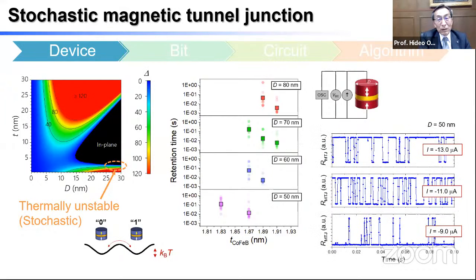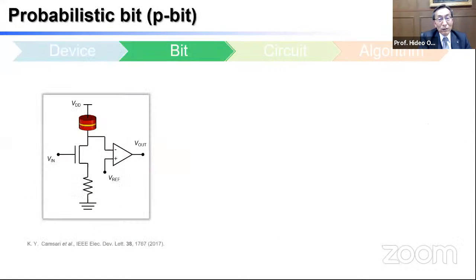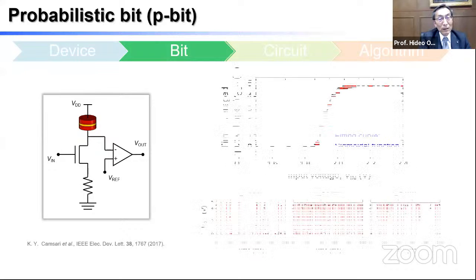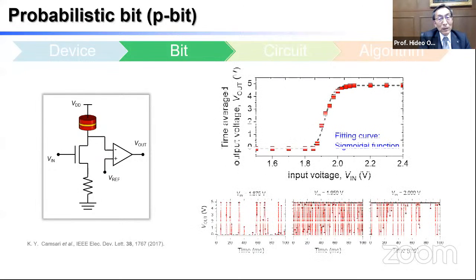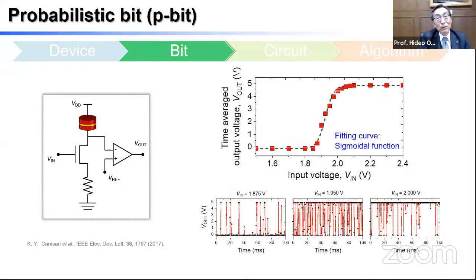So we made it into devices, shown on this slide, which we call a p-bit. Depending on the input voltage or input current you have, it gives you mostly antiparallel state or mostly parallel state, and somewhere in between, depending on the current flow in the system.